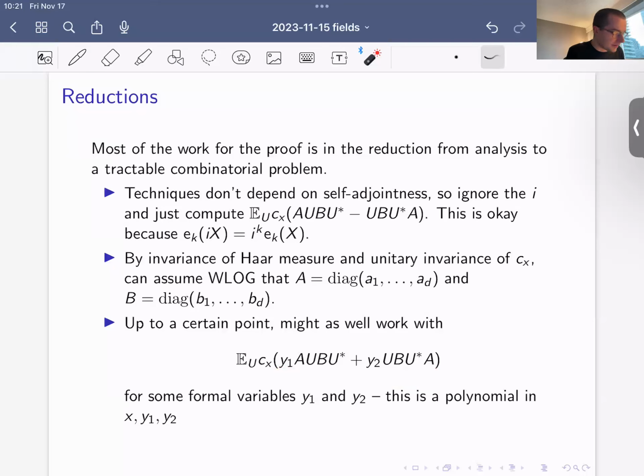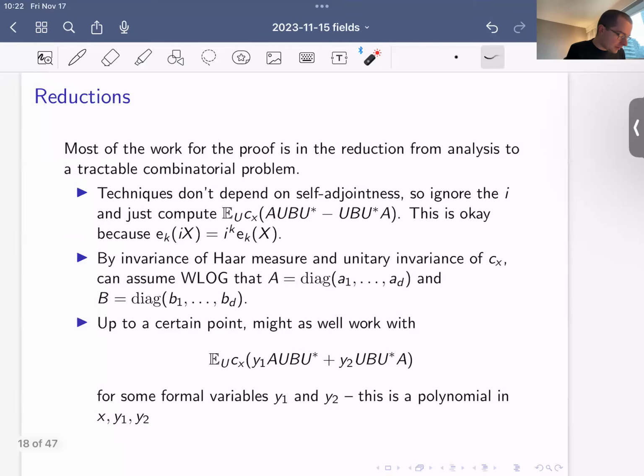There's a certain point where we really do want to take Y1 equals 1 and Y2 equals -1, but I think it offers some insight to see exactly where that point is, where you need to assume that you're working with the commutator.